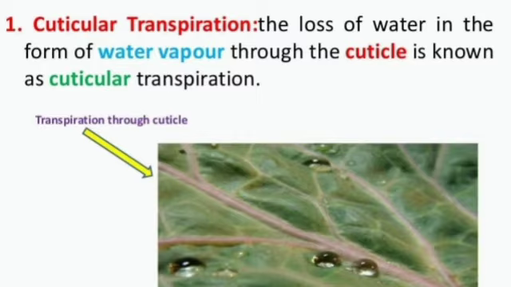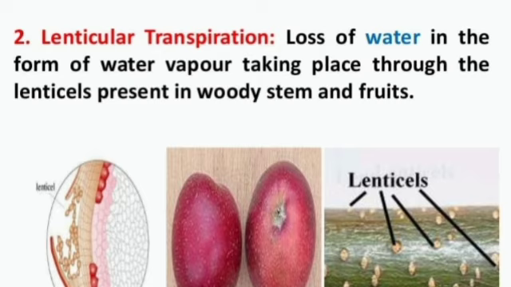Cuticular transpiration. Loss of water in plants through the cuticle. What is the cuticle? The plant cuticle is the outermost layer of plants which covers leaves, fruits, flowers and non-woody stems of higher plants.